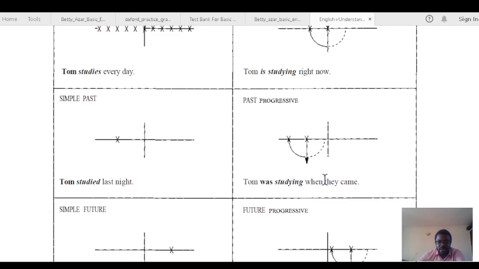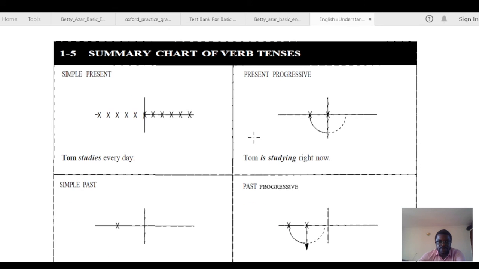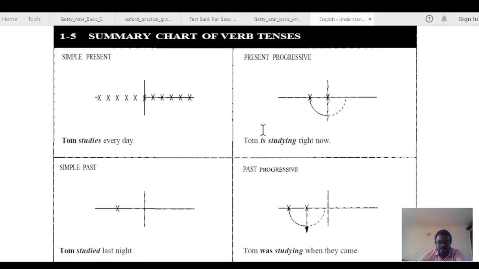So as we're looking at the chart of the verb tenses, maybe we'll start with one of them, maybe simple present, then we'll go to present progressive, simple past, and tell you all the forms and structures and how to identify which tense they are. Okay, I think that's going to be all about it.